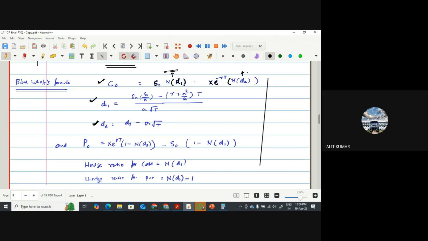In this formula, N(d1) is the hedge ratio for the call, and if it is a put, then N(d1) minus 1 will be the hedge ratio. So just remember this: if they give you the formula and the values, straight away N(d1) is the hedge ratio for the call, and N(d1) minus 1 is the hedge ratio for the put.